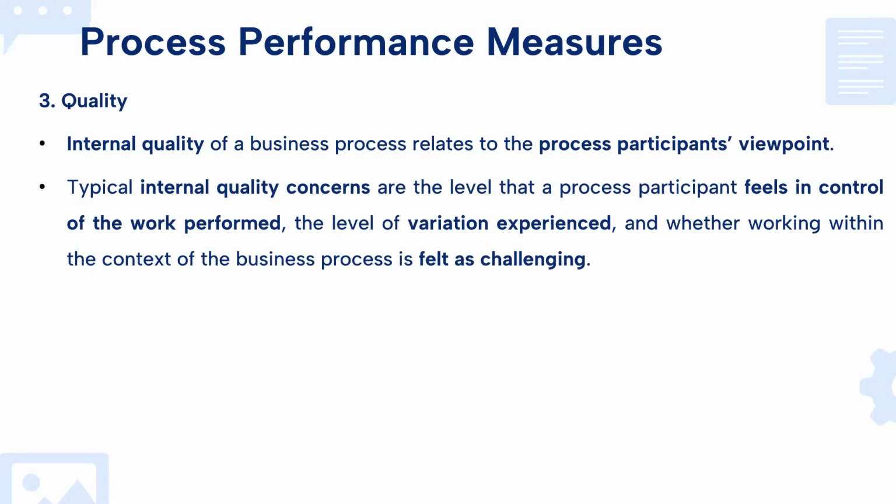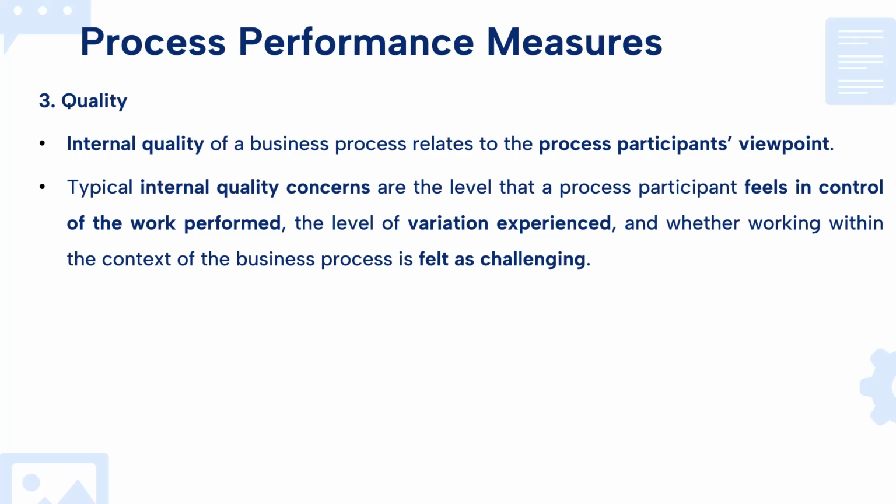There should not be any variations, so we look at the level of variations experienced. If a product passing through that process has high variations, we have to reduce that variation. We can use different techniques like lean management and Six Sigma.